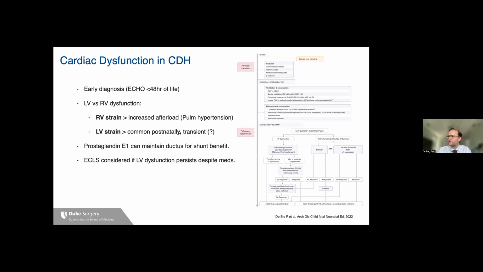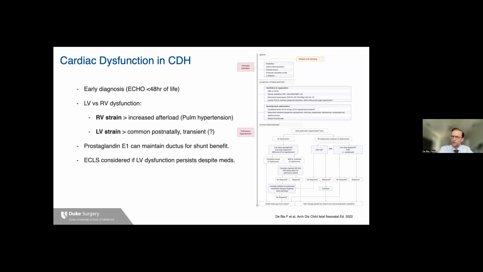In terms of right ventricular strain, that often is because of the pulmonary hypertension, increased afterload that the right ventricle needs to push against. As for the left ventricular strain, it is not entirely clear whether it is a transient phenomenon or whether it sustains itself. And so a lot of people are looking into that right now.